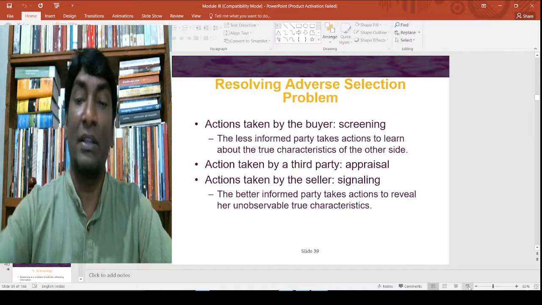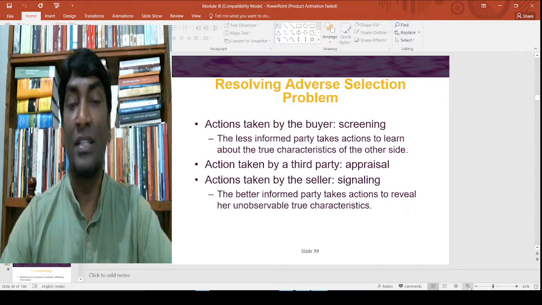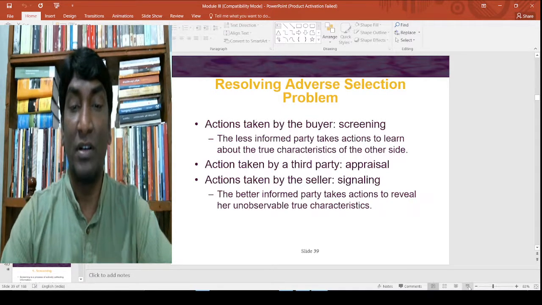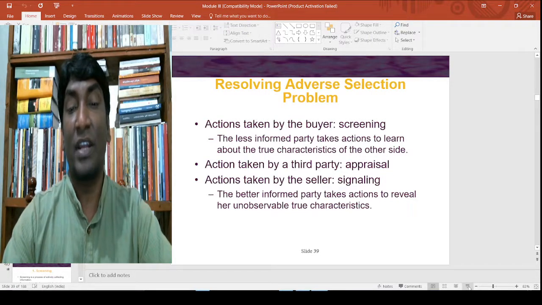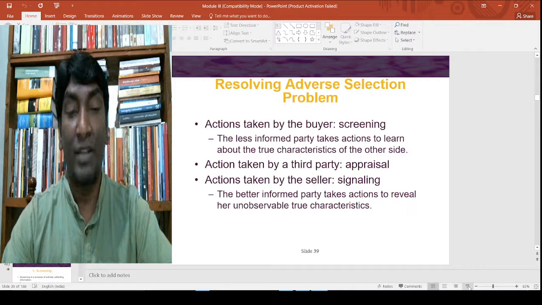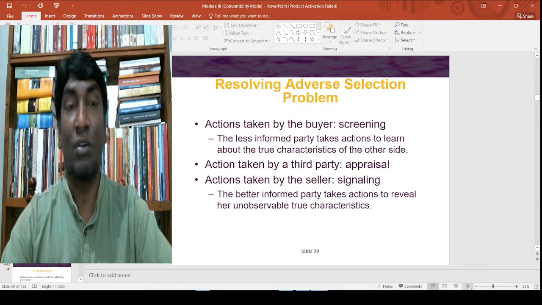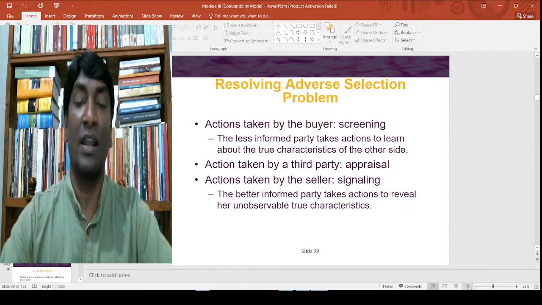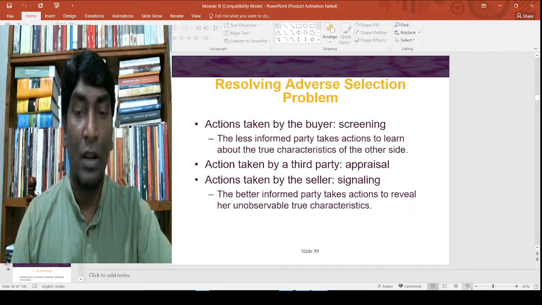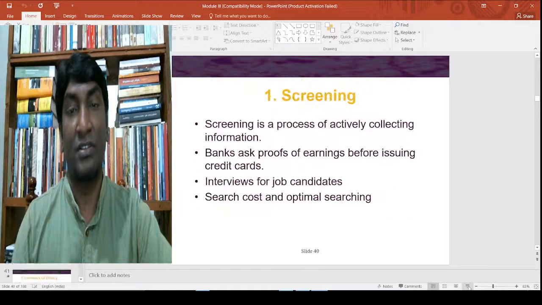Action taken by the buyer is called screening: the less informed party takes action to learn about the true characteristics of the other side. The action taken by a third party is normally called appraisal, and action taken by the seller is called signaling, where the better informed party takes actions to reveal her unobservable true characteristics.